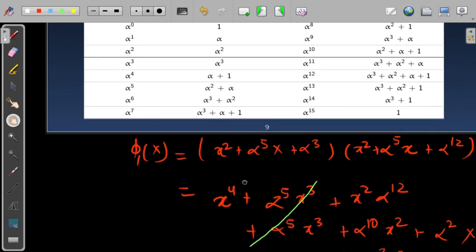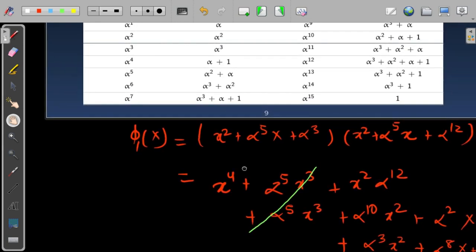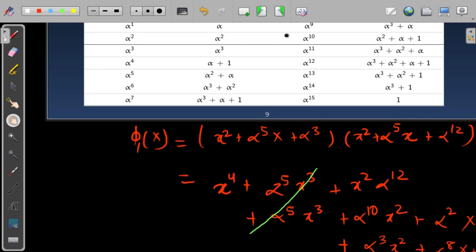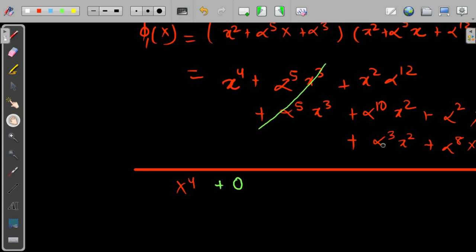Alpha to the power 12 is equal to alpha cube plus alpha square plus alpha plus 1. So if I add alpha to the power 10 and alpha to the power 12, I will end up with alpha cube, and then I am going to add alpha cube here, so this is also going to cancel each other, and this will result in 0.